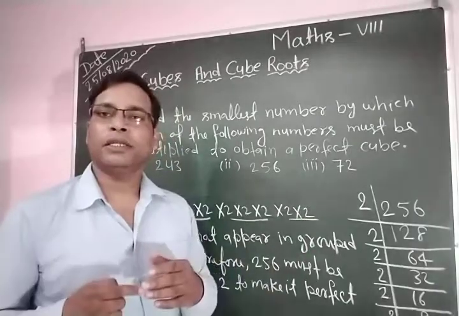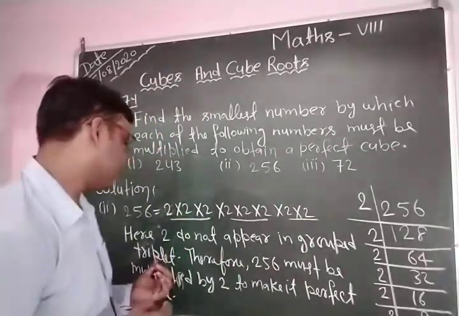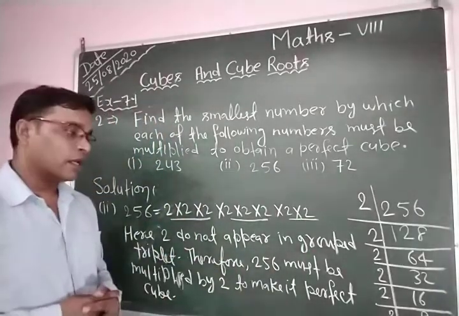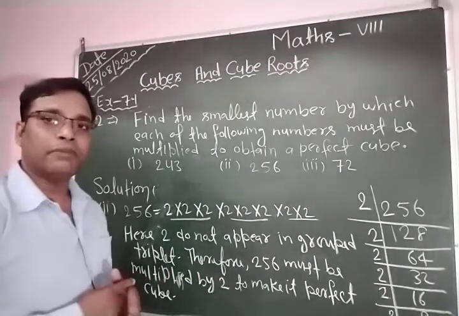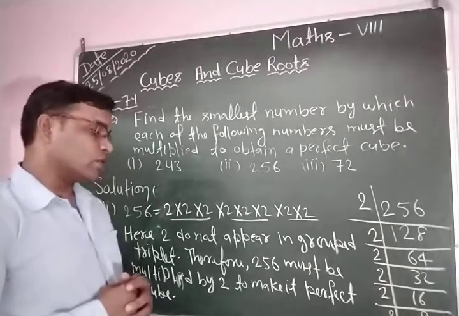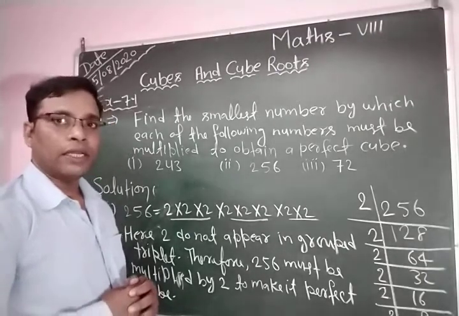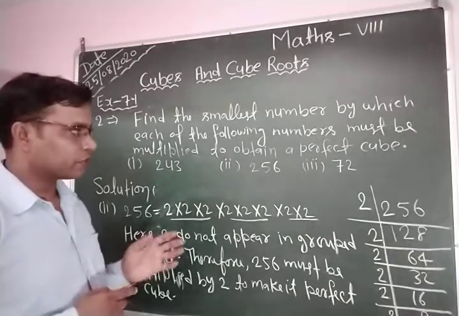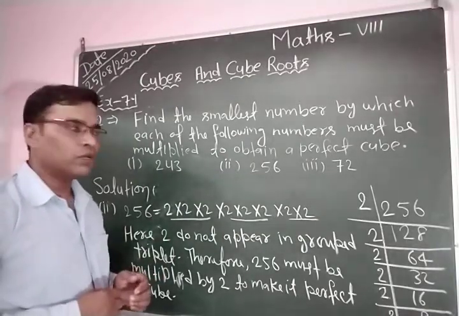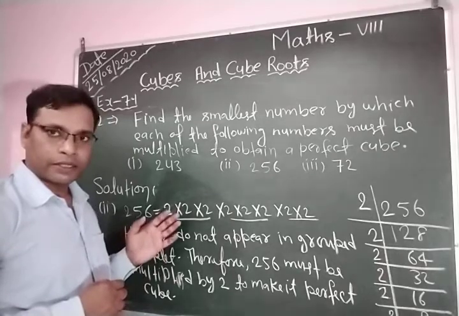If you multiply the given number by 2. So therefore you can write 256 must be multiplied by 2 to make it a perfect cube. So students, I hope all of you understood this question and you are able to solve such type of questions.